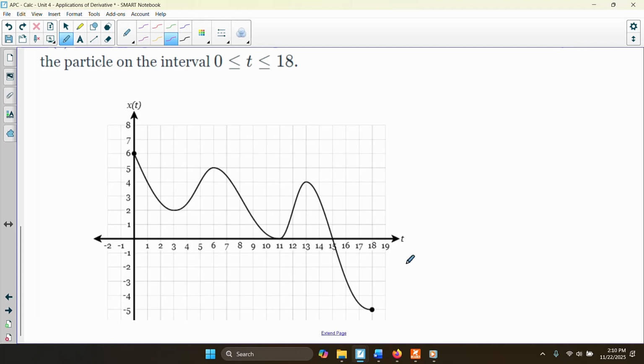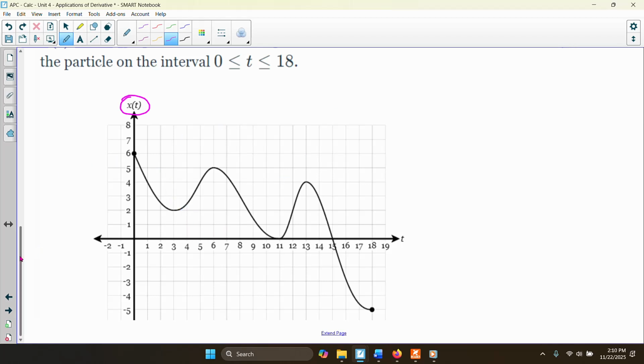So here's a graph. The first thing I'll look at is, what does this represent? This is a position function. Think of it like an elevator: this represents which floor the elevator is on.